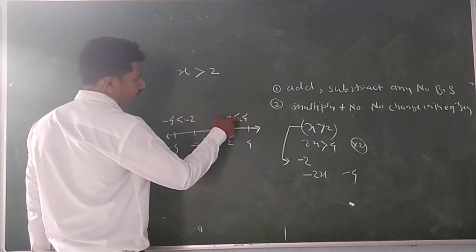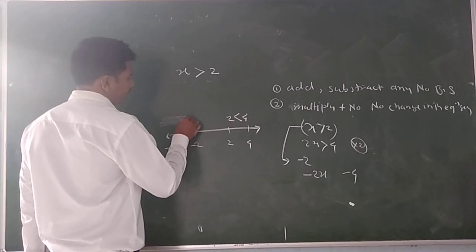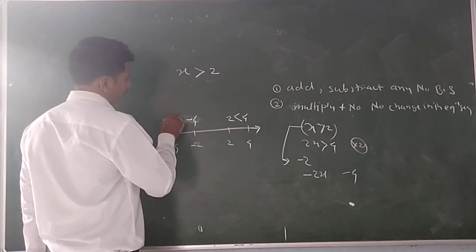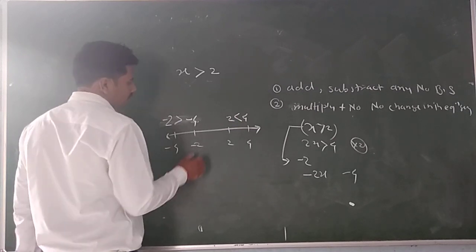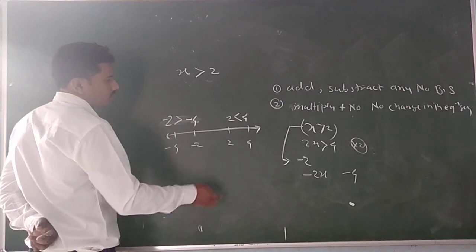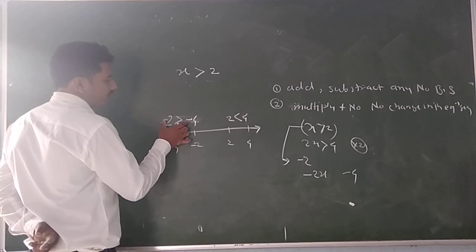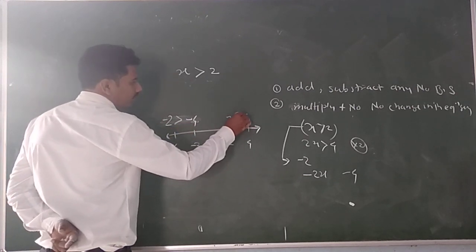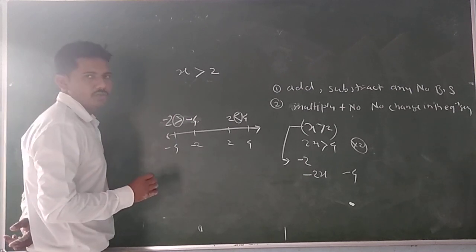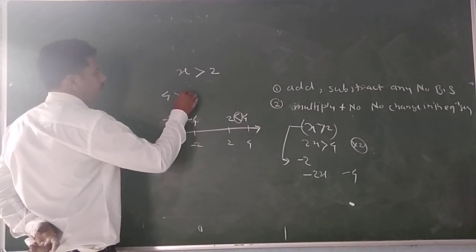A larger number with a minus sign is always less. So when we multiply with the minus sign, less than gets converted into greater than.